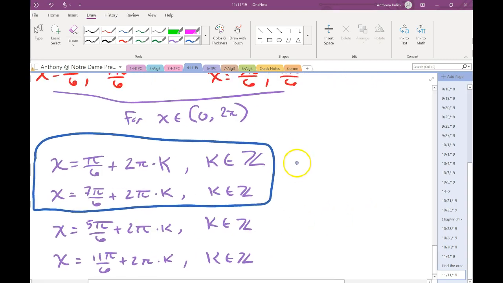So I could condense this down to just one answer. Now instead of finding everything coterminal to pi over 6, I'm acknowledging that those two answers, pi over 6 and 7 pi over 6, are pi apart. If I go another pi, I'm going to get to the one coterminal to the other one.